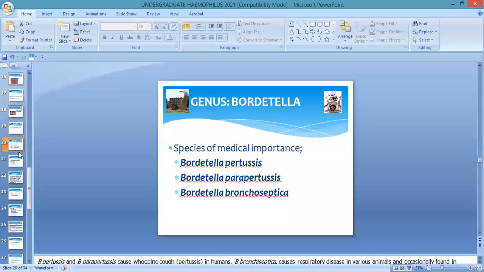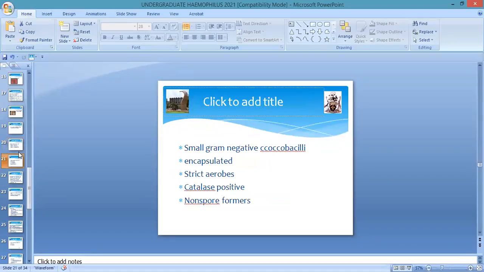Pertussis and parapertussis are known to cause what we describe as whooping cough or pertussis in humans. But bronchiseptica usually causes respiratory diseases in animals and occasionally in humans. So the emphasis here will be more on Bordetella pertussis and maybe parapertussis, which are known to cause pertussis in humans.